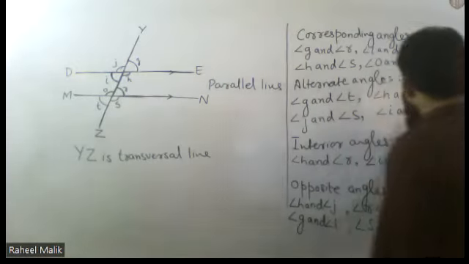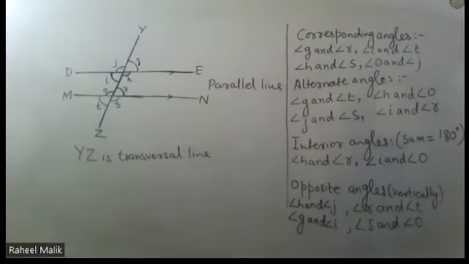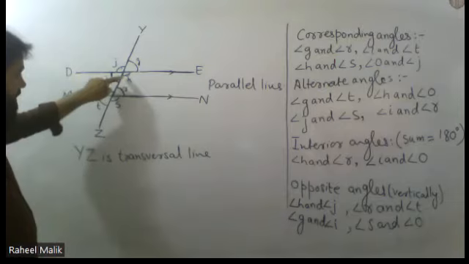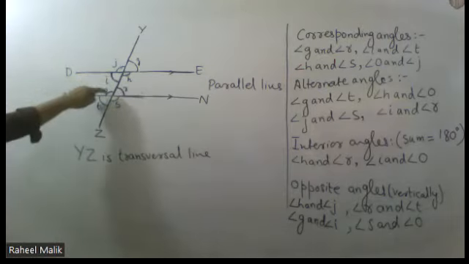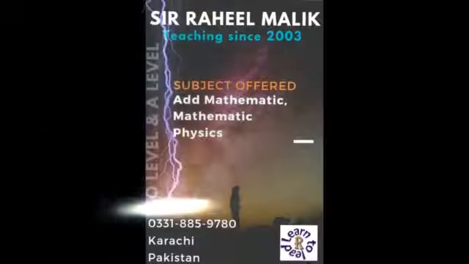And always remember that the sum of interior angles is always equal to 180. It means that this and this will sum up to 180 degrees, and this and this will also sum up to 180 degrees.